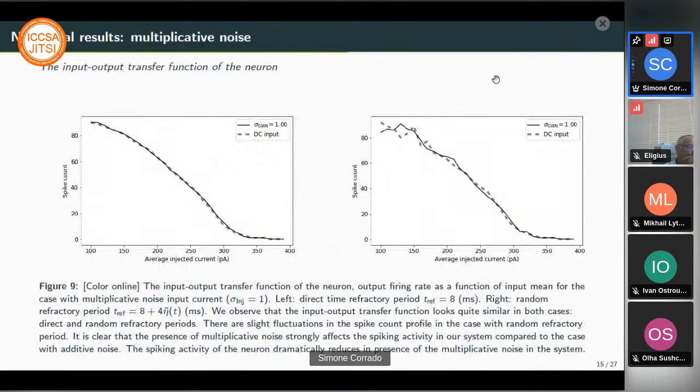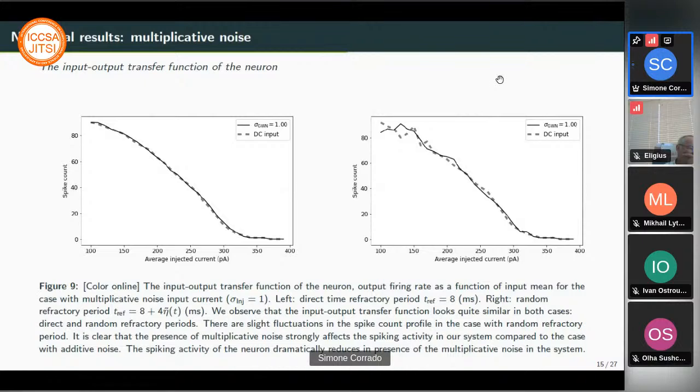Now, if you look at the input-output transfer functions, just visually, you would see the trend is pretty much the same in both cases, deterministic and stochastic. However, it is drastically different from the additive noise situation. So that's the takeaway from this figure: the spiking activity of the neuron drastically reduces in the presence of multiplicative noise in the system.